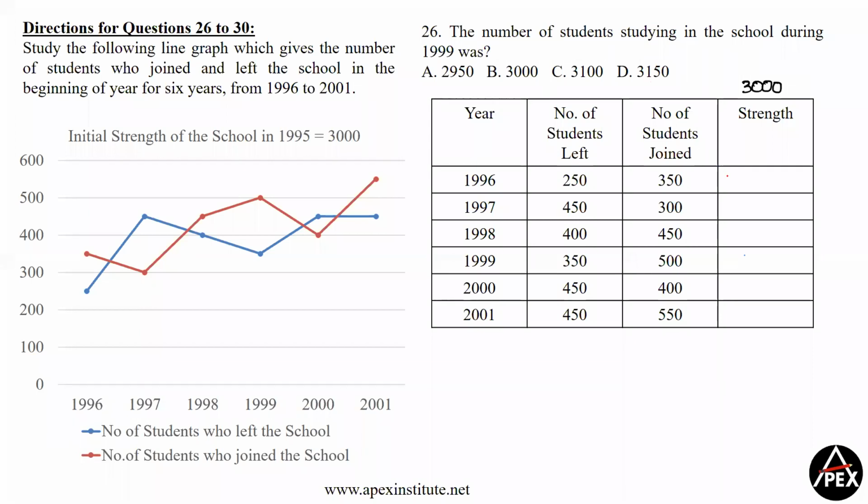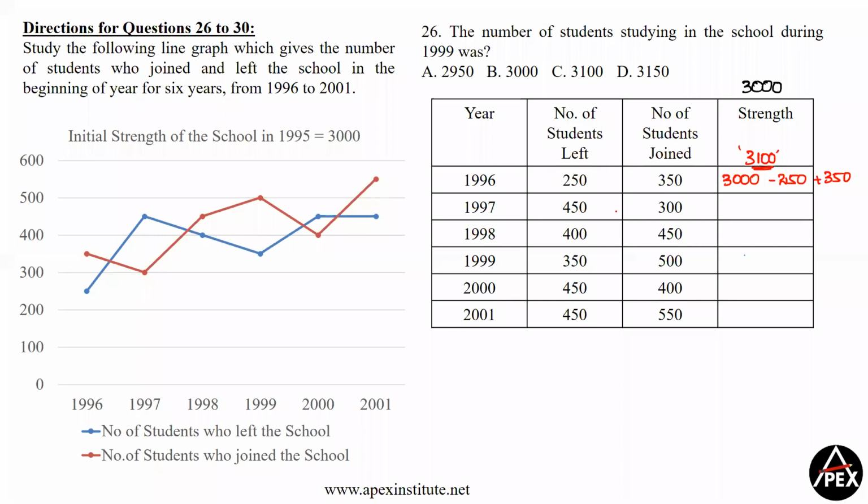From 3000, 250 people left, so subtract 250, and 350 people joined. So the strength of the school in 1996 will be 3100.